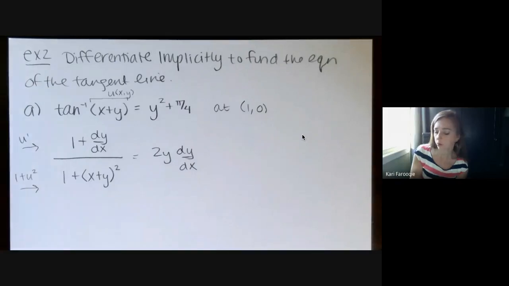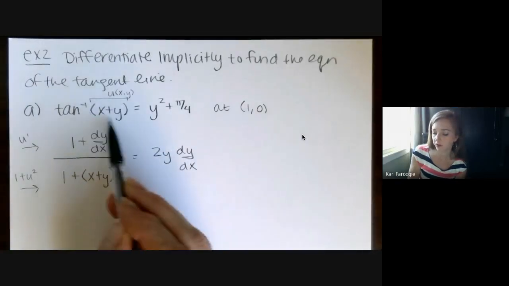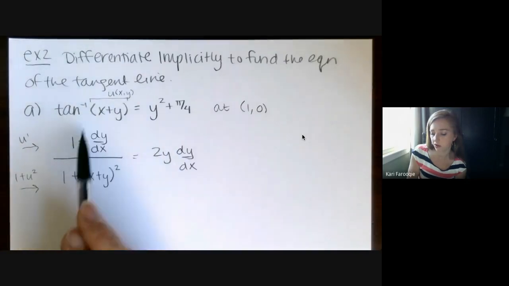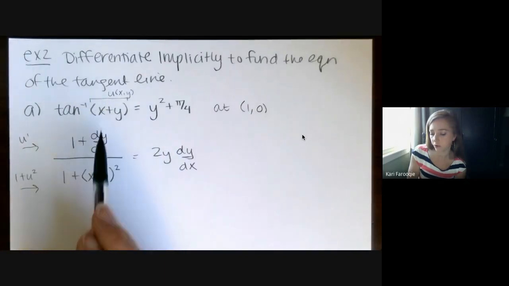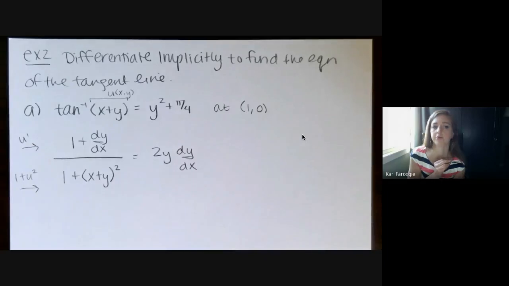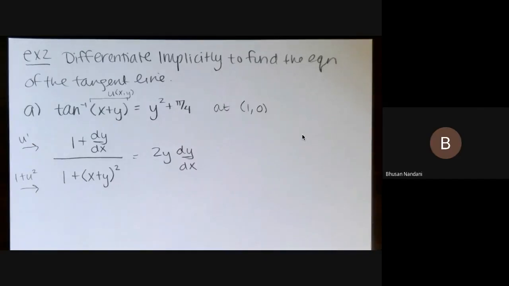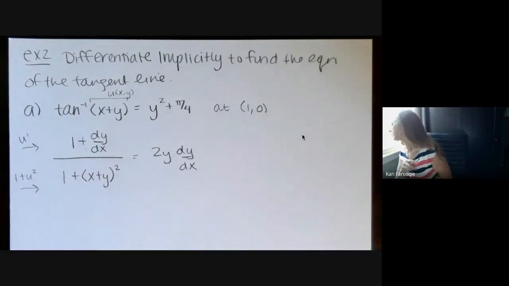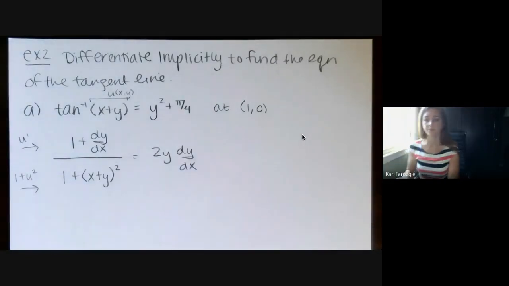So that came from taking the derivative of this function u of x and y. So the derivative of x is 1, and the derivative of y is dy/dx. Oh, I see. I'm glad you asked. Other questions? Okay.